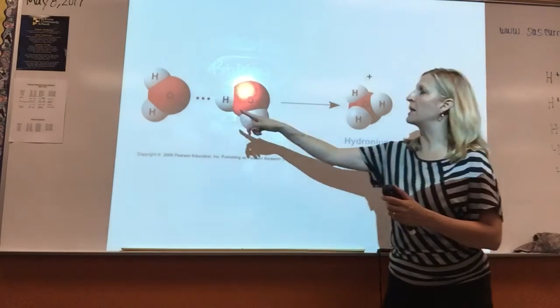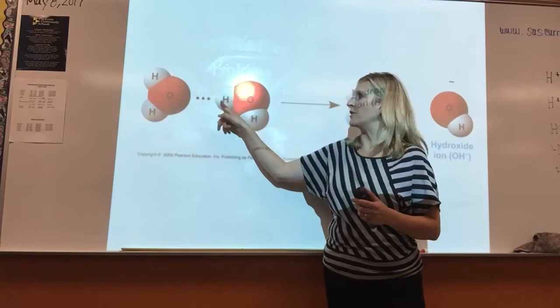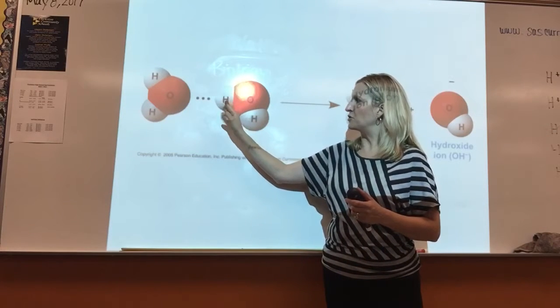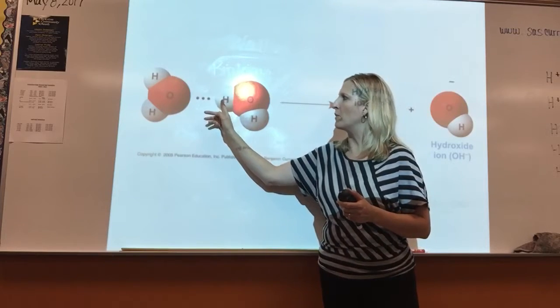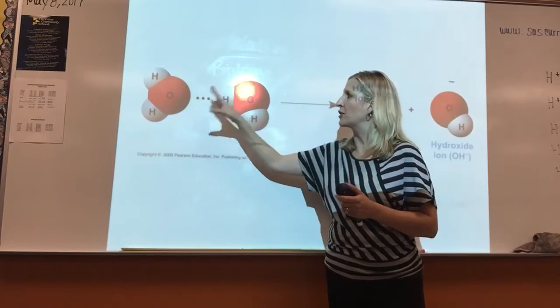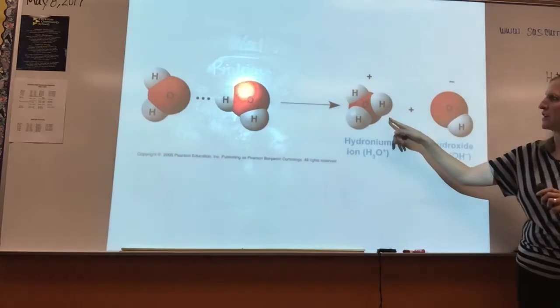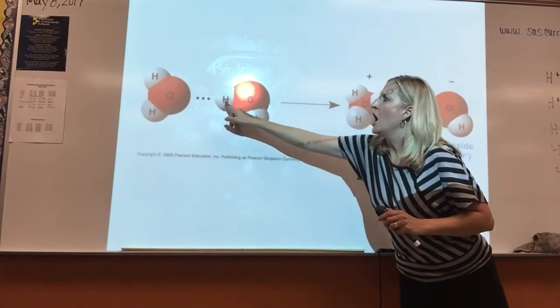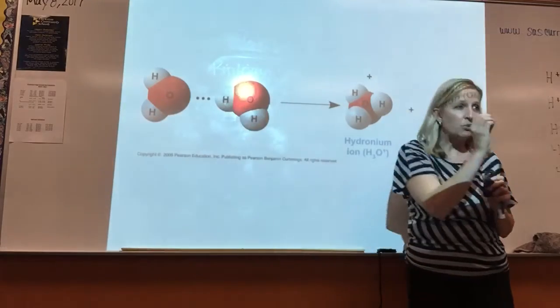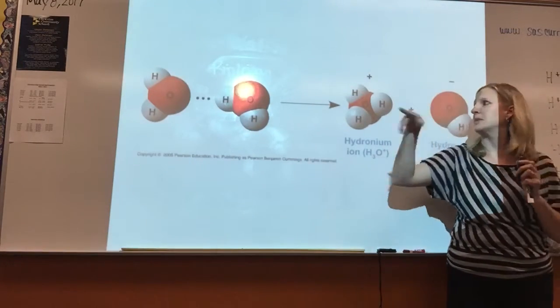Here are two water molecules, hydrogen bonded together. You can have the transfer of a hydrogen from one water molecule that's hydrogen bonded to another. If we look here, this water molecule has lost the H, but remember hydrogen has one proton in the nucleus and one electron spinning around it.